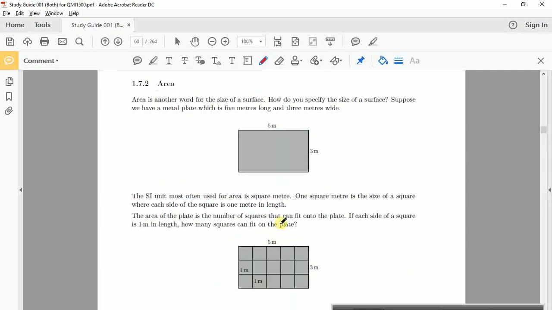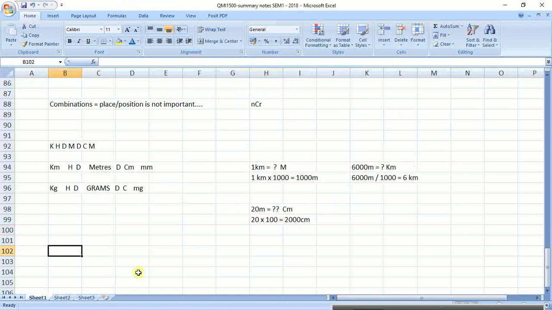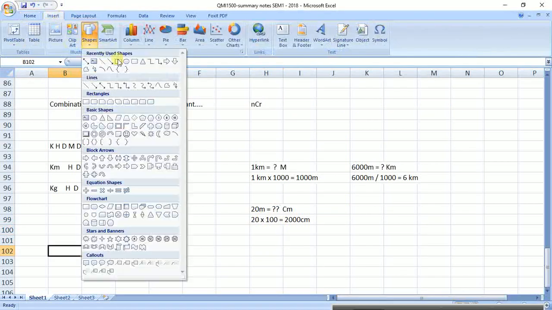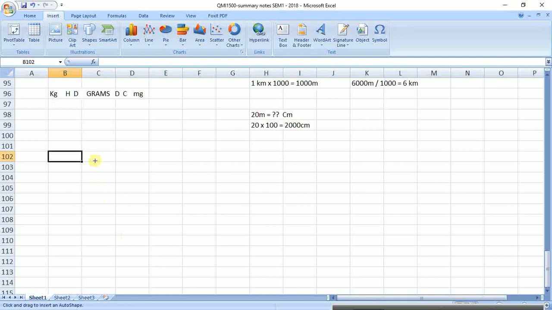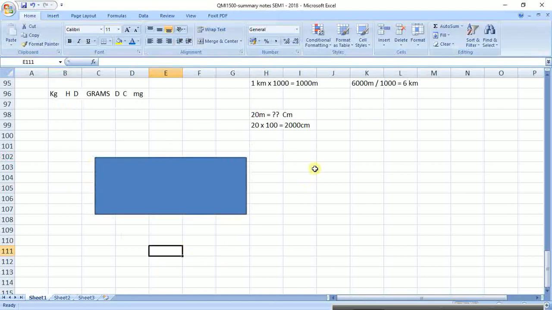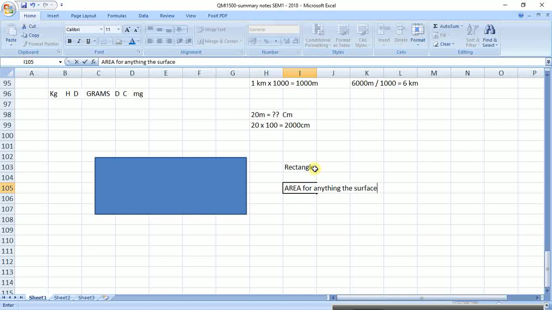What else is there? Okay, area. Area, obviously, you've got a shape. The shapes that you'll probably get, a rectangle. So area for anything is the area or surface that it takes up.